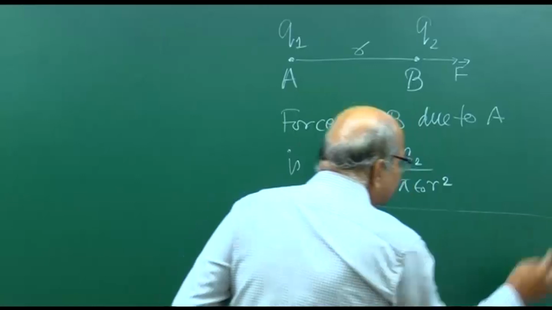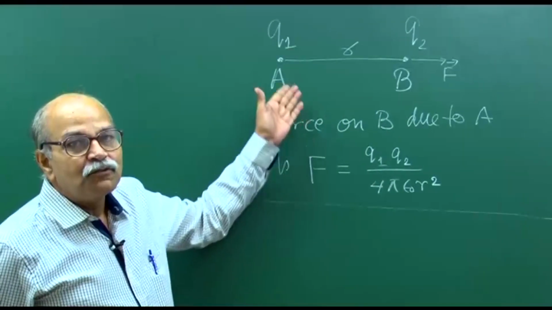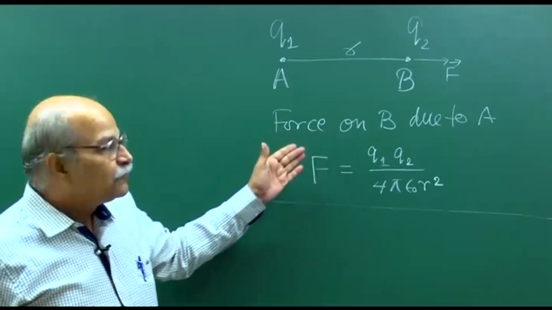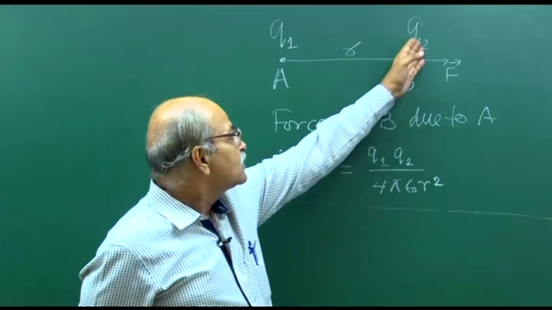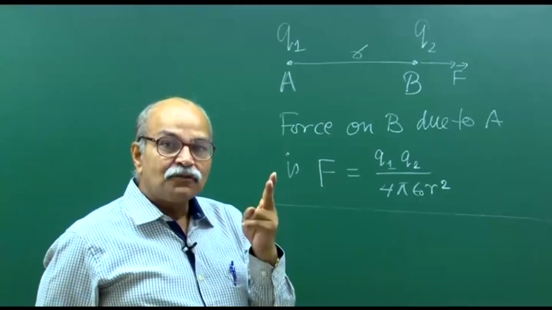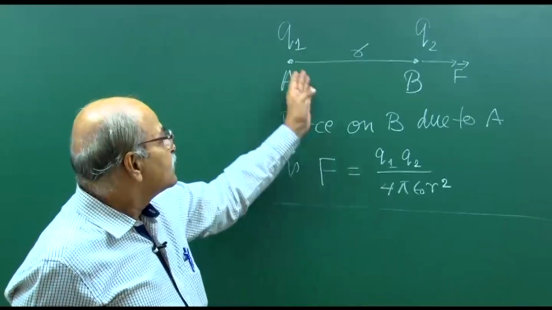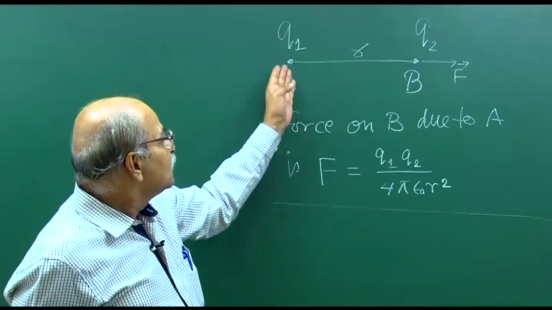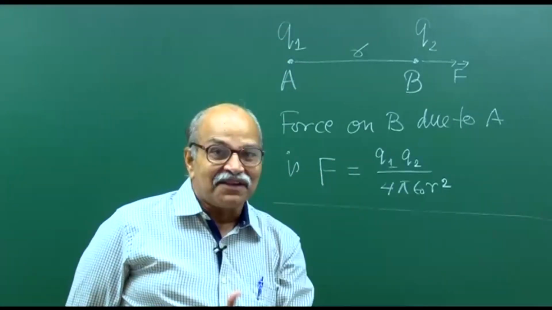What I want to emphasize is that this is essentially a two-step process. Force on B due to A, force on this charge due to this charge, is essentially a two-step process. The first step is that this charge Q1 produces something called electric field.